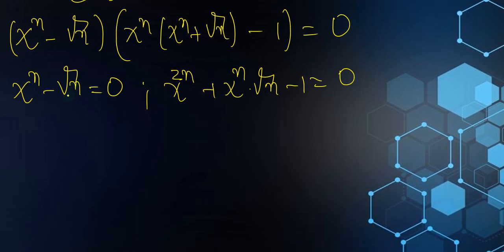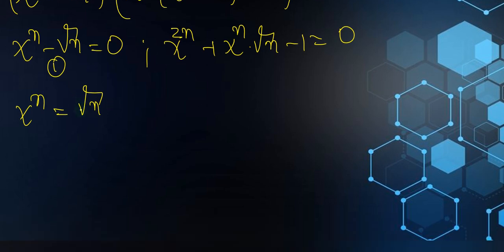Now let's solve the first one, which is this one. We have x to the n equals square root of n.